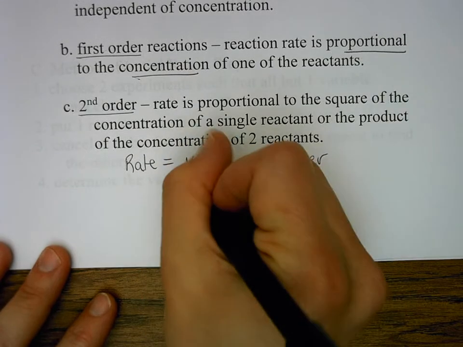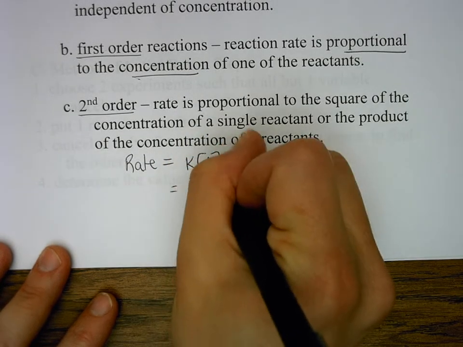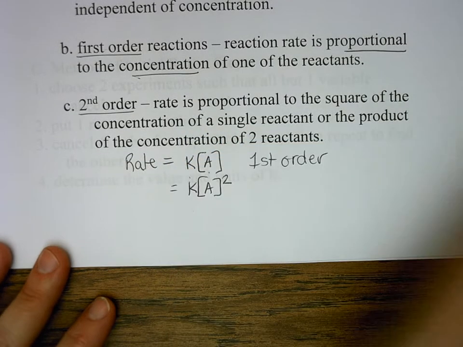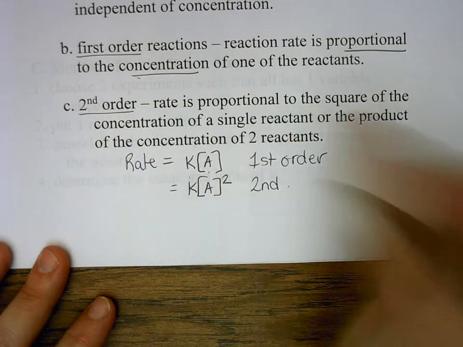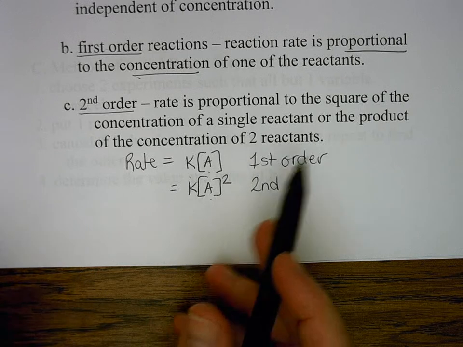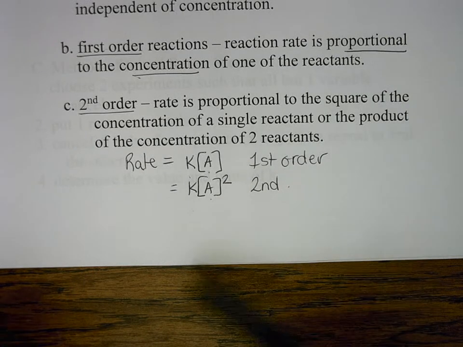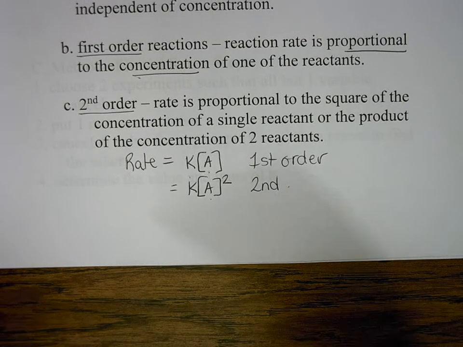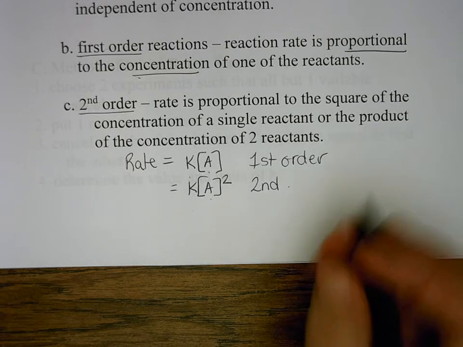If I had something that looked like this, K times the concentration of A squared, that would be a second order reaction because the rate is dependent on the square of the concentration of A. And this is all general. When we start to put in numbers and deal with experimental data, it'll probably make a little bit better sense.